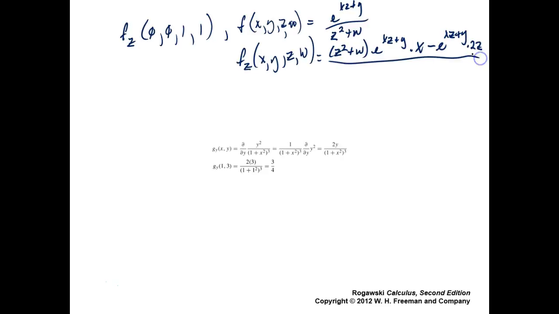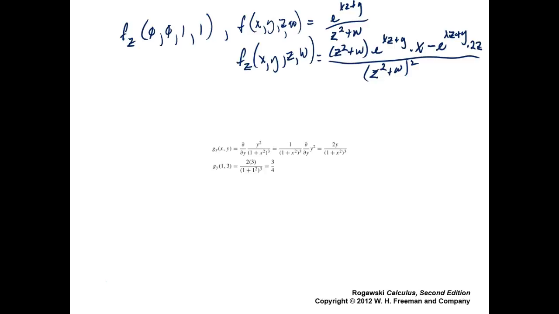And that's divided by z squared plus w squared, low low. Now, I'm pretty sure we've got a little bit of stuff to do with it, but maybe not. It's okay in that form, I think.